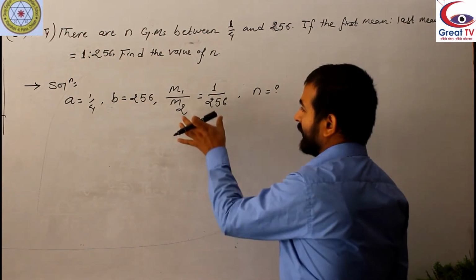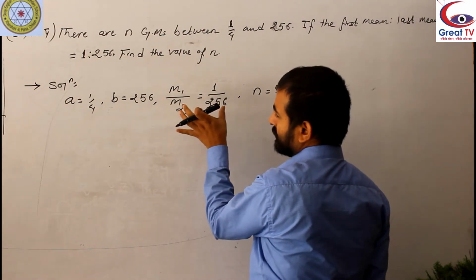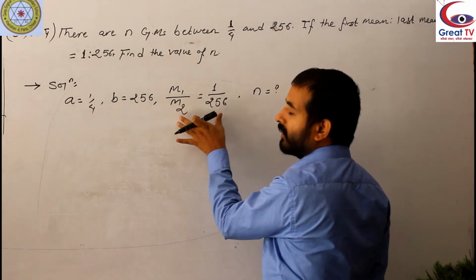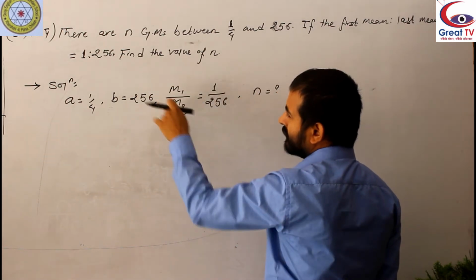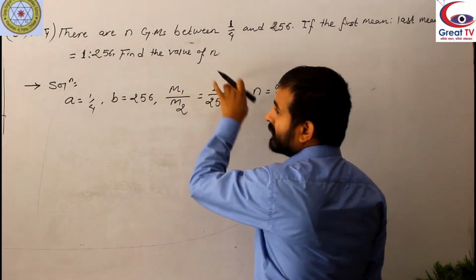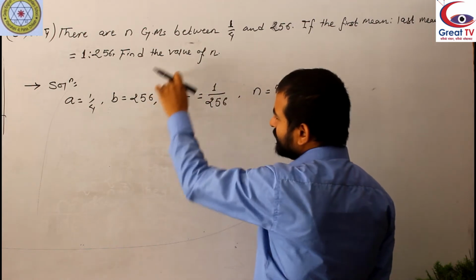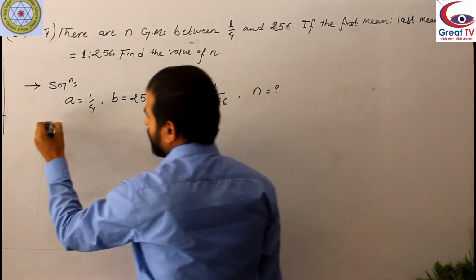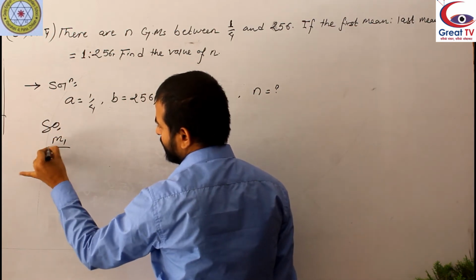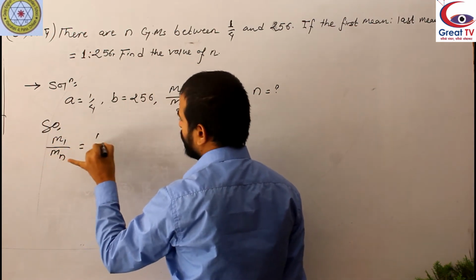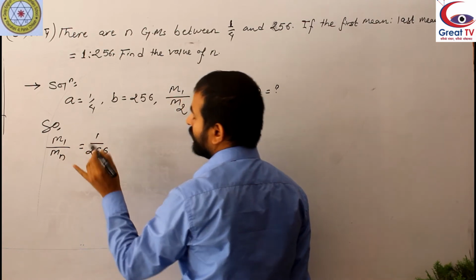But before finding that, let's use the condition that is given by the question always. In my previous problem, I used one condition, second mean is equal to something was given there. Now again one condition is added here, now I am using it. So by the question, we are given first mean is 2, last mean equals 256.